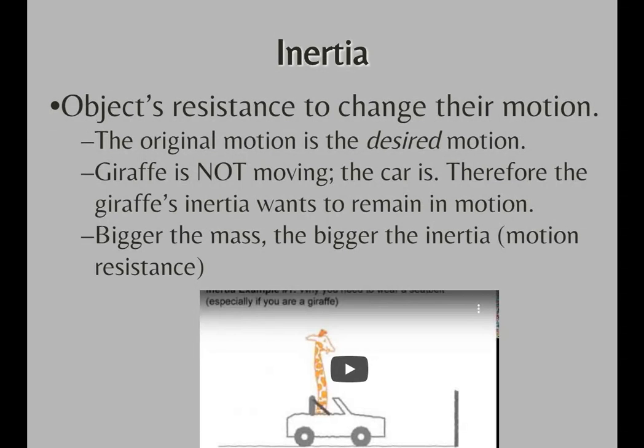So if we look at an elephant and a mouse, and you want to apply the force to make that elephant or mouse move, who do you have to apply more force to? The elephant. So since the elephant is bigger, it's going to have the bigger inertia. The mouse is little, it's going to have the smallest amount of inertia. We can easily make that mouse move and apply that unbalanced force.